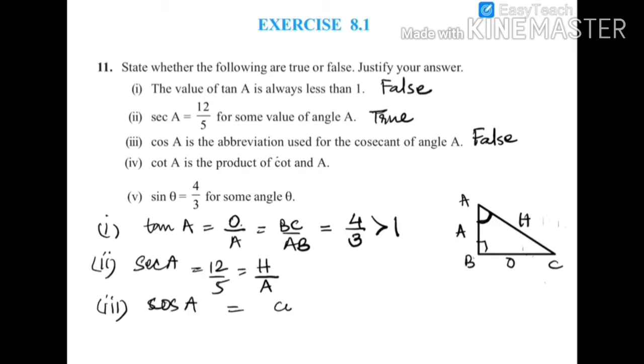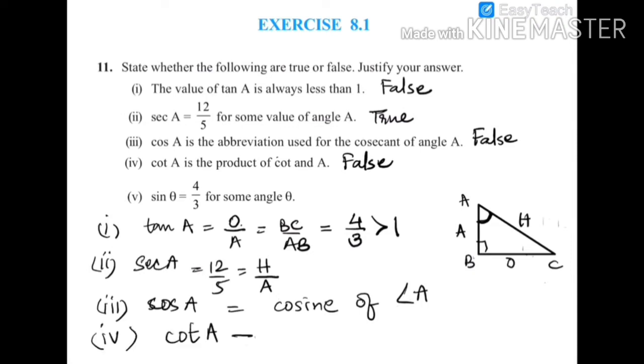Cos A is cosine of angle A. Fourth one, cot A is product of cot and A. This is definitely false, because we have learnt that cot A is the name of a ratio and we cannot separate cot and A, or cot and A are not the product. It is just a name given to the ratio that is related to angle A.